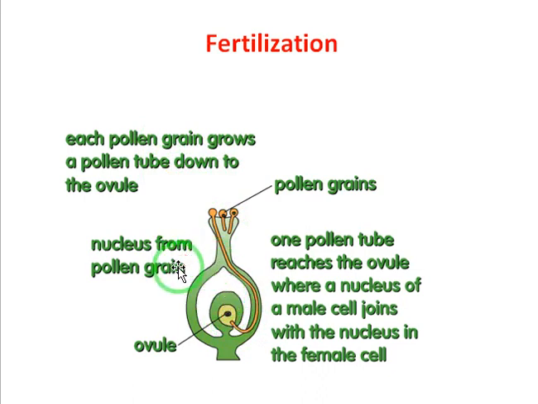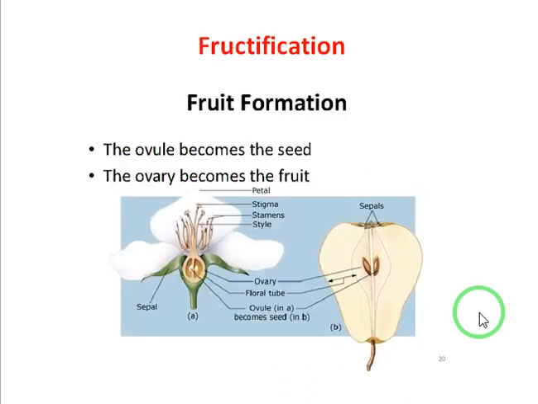The nucleus of the pollen grain may fall down to the ovule. Only one pollen tube reaches the ovule, where the nucleus of a male cell joins with the nucleus of the female cell. So fertilization is the union of both the ovule and the pollen grain.